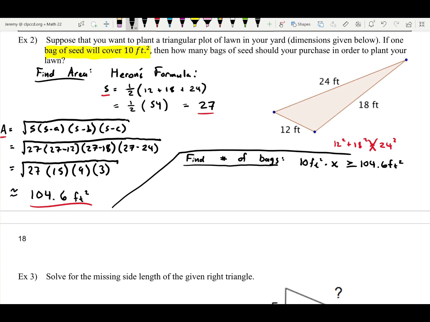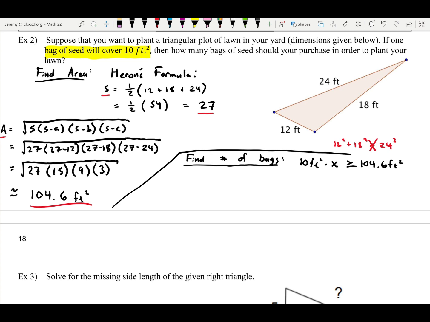Right, I'm thinking of this as an inequality because we're talking about a number of bags here. I'm assuming that we're not going to be able to buy a fraction of a bag. So I just want to make sure that this is enough to cover this many square feet, right? So it just needs to be greater than or equal to 104 square feet.